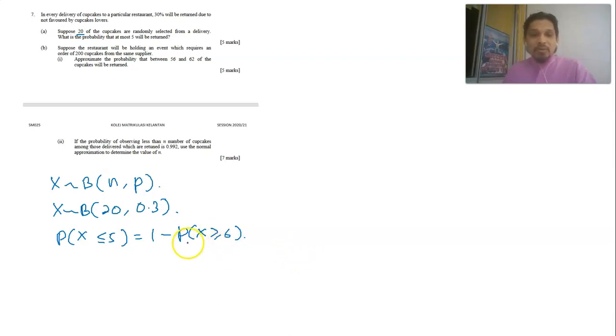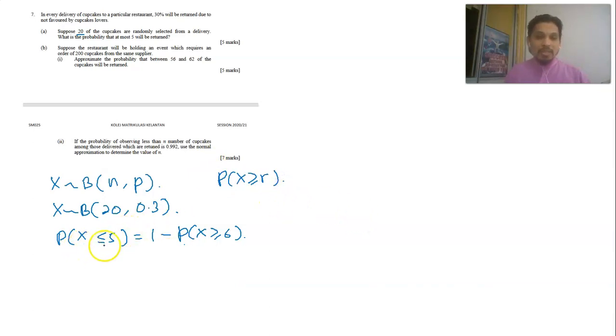Because we can only find the probabilities from the statistical book. Where is that book? Sorry. We can only find the probabilities from this book, for binomial, for the probability of X greater than or equal to r.